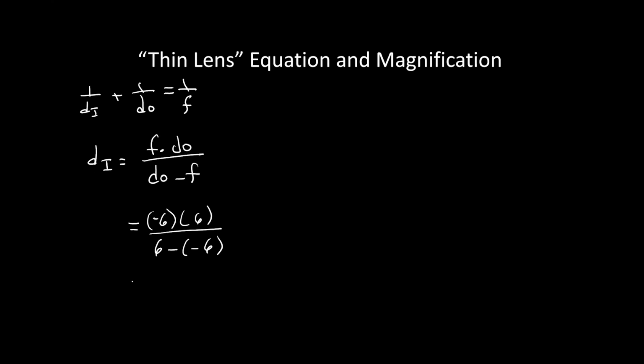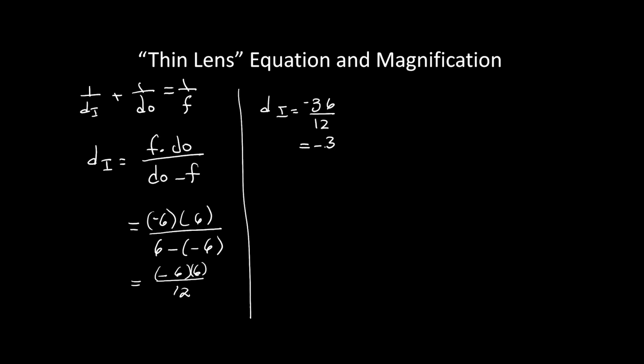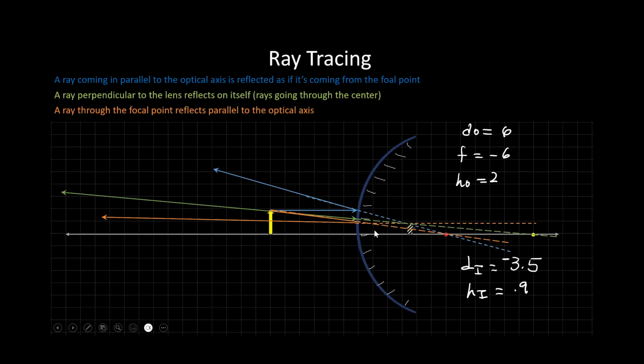Okay, so this is -6 times 6 over 6 minus -6, 6 plus 6, or 12. So D sub I is -36 over 12, or -3. Okay, here we got 3.5.